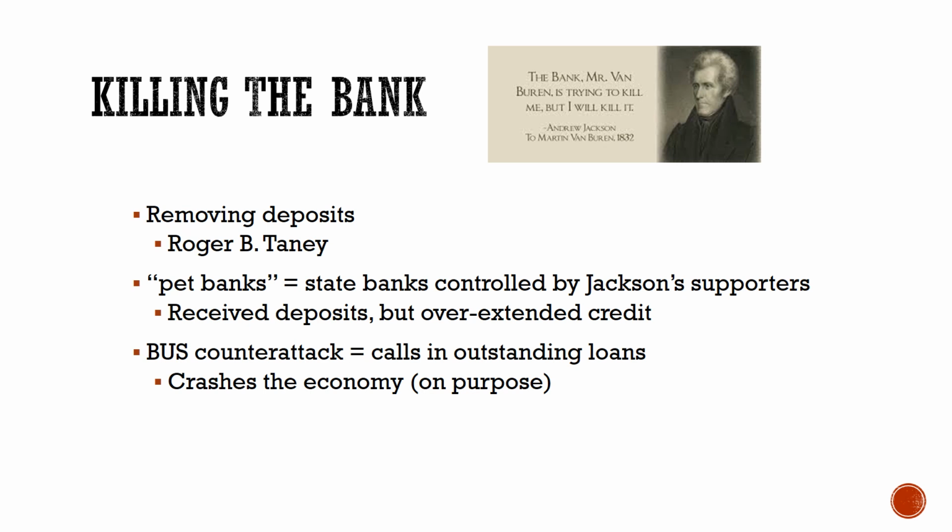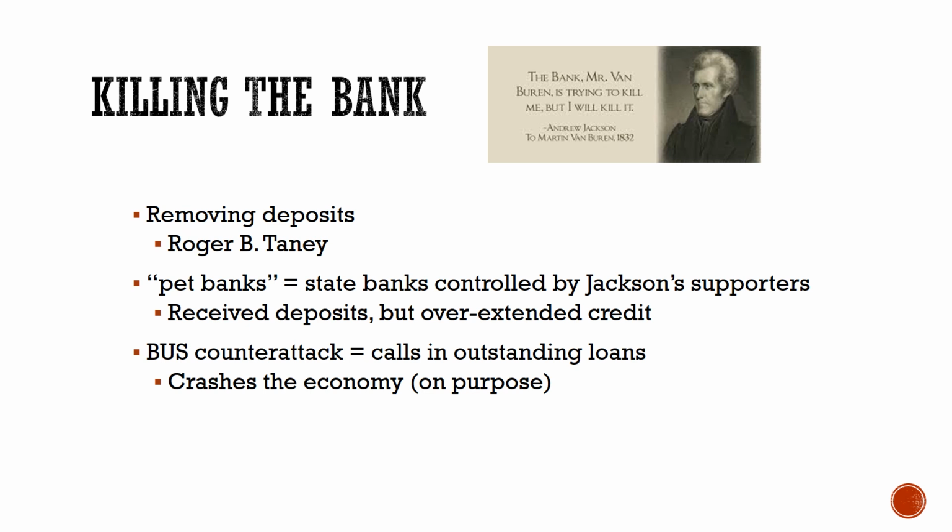So the way that Andrew Jackson's going to do this is one of the biggest depositors in the Bank of the United States is the U.S. government. So every time the U.S. government collected taxes, it put that money in the BUS. It's part of the reason why the BUS was created.